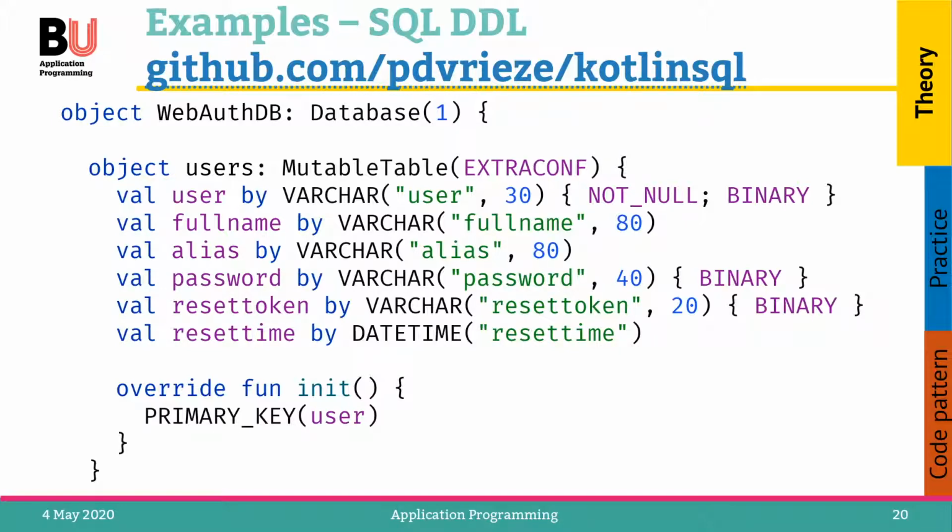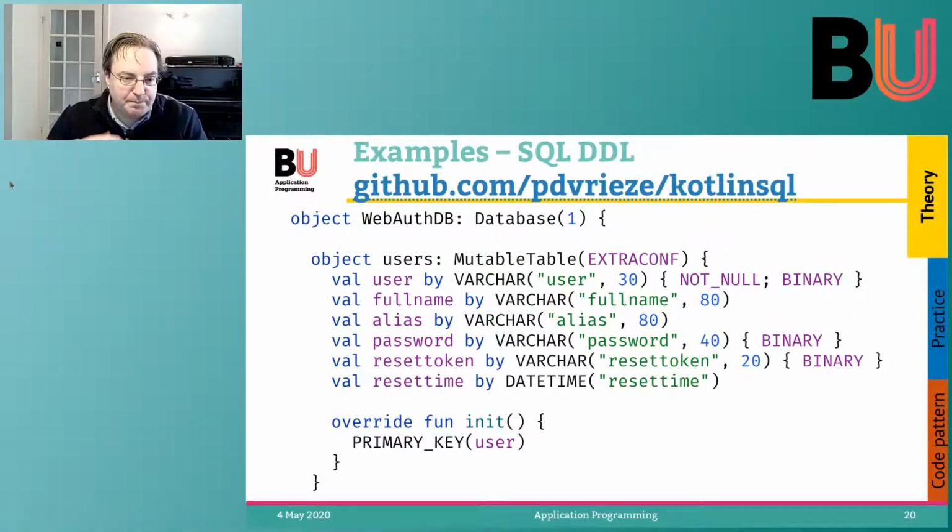There's another overload of varchar that doesn't take the name, that will do this correctly. So this is a table definition, and it looks very much like your regular SQL database definition things.